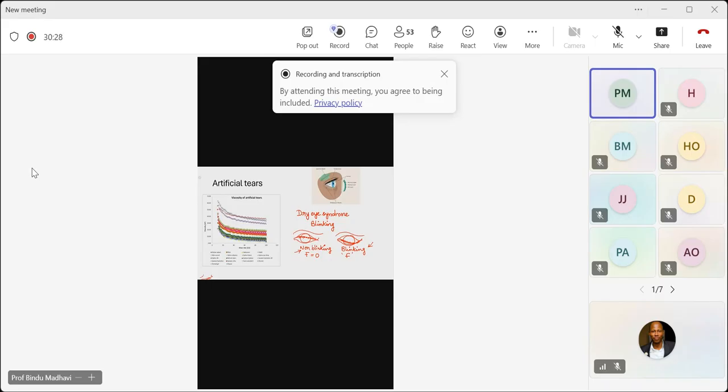So what we expect, or generally what tear fluid does, is that during non-blinking condition, it remains inside the eye cavity. It doesn't flow down. To remain inside the ophthalmic cavity and to prevent the flowing out, we expect the viscosity of the fluid to be slightly more.